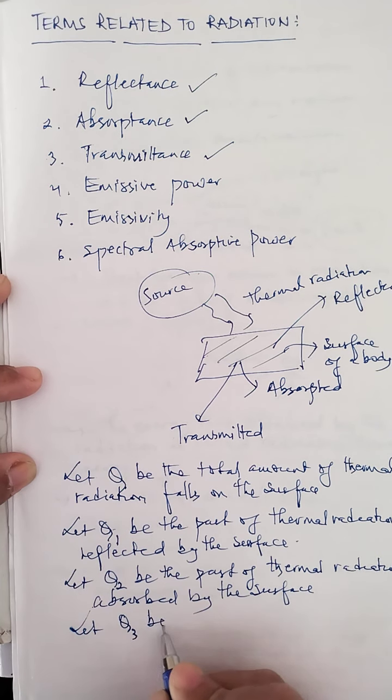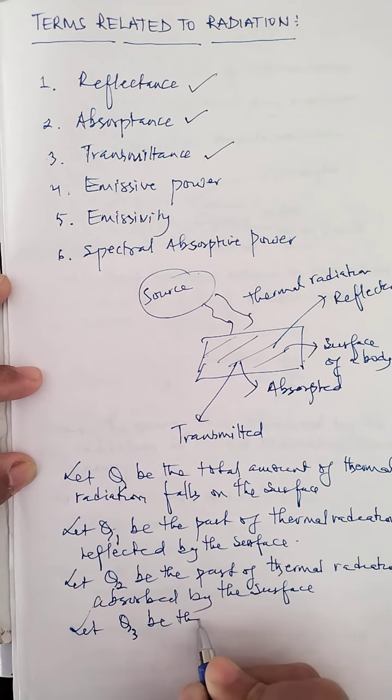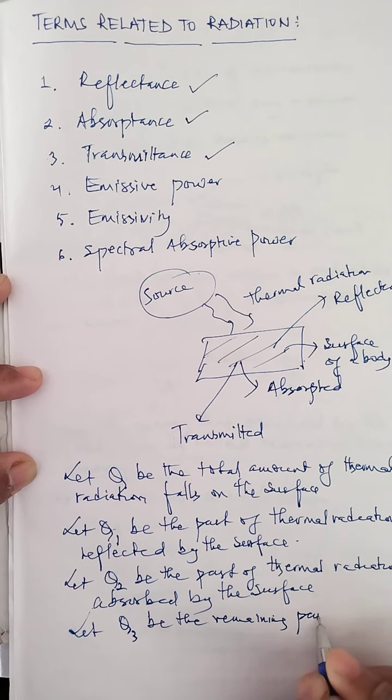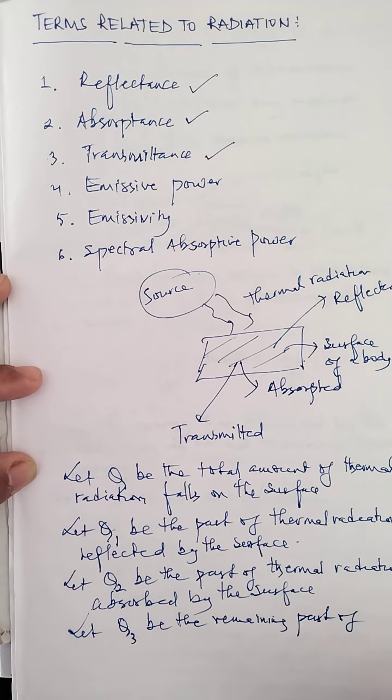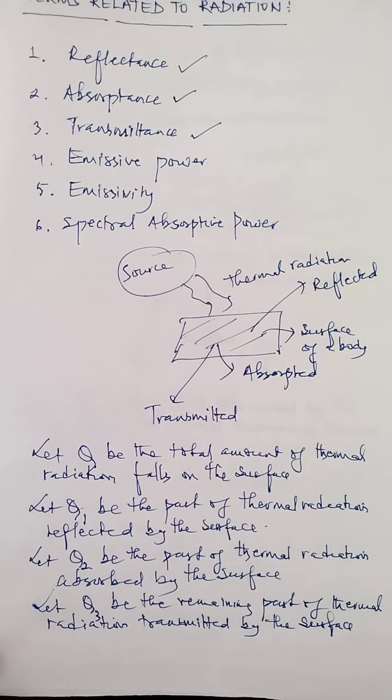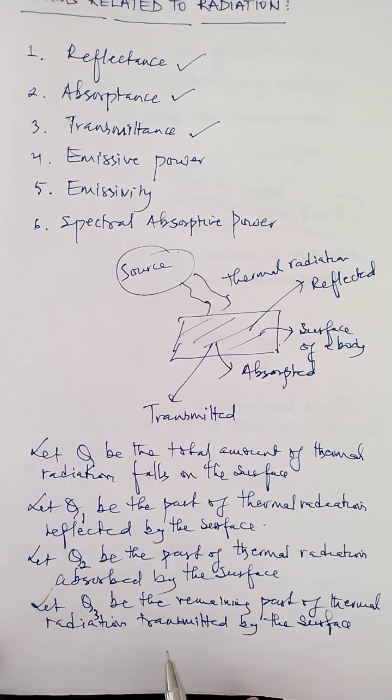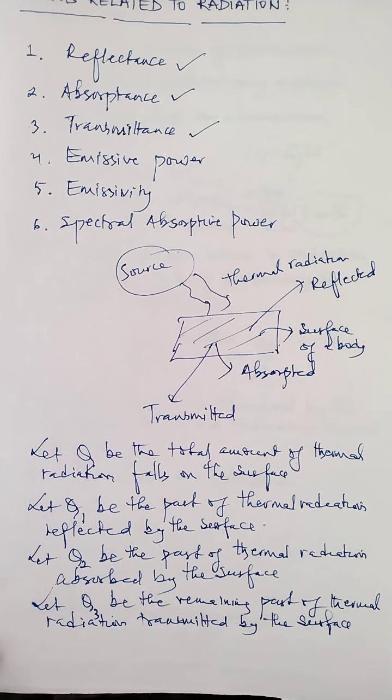So Q3 be the remaining part of thermal radiation that is transmitted by the surface.